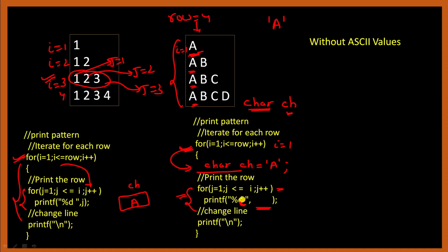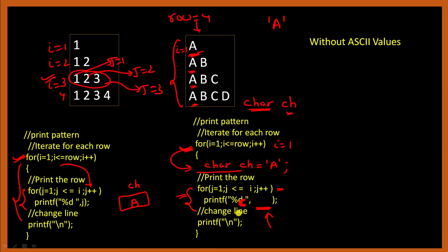So one difference is this: %c. But what should be the value here? This is just the format to specify a character, but something should be put here, right? Now I can't just put j, because in that case j is 1 and I have used %c, so something else will be printed.